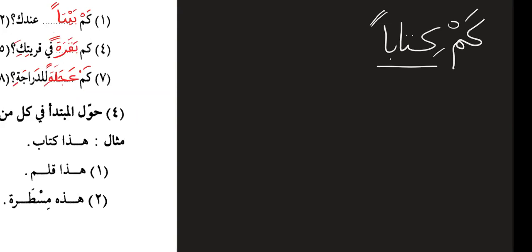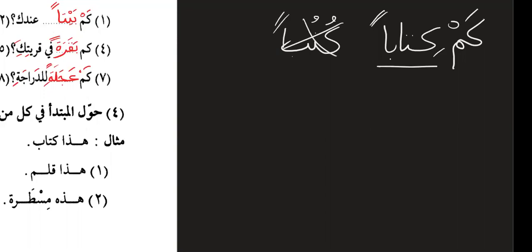Had two basic rules. It ends with an alif and uses the singular. So first of all, it's always singular, so we can't ask with the plural by saying كم كتبا عندك.